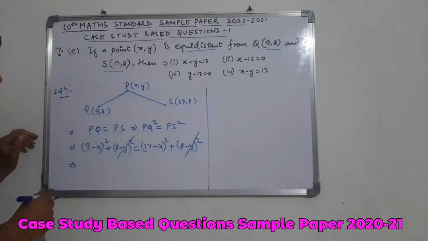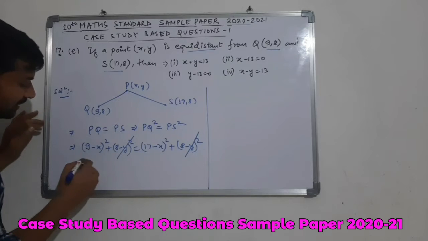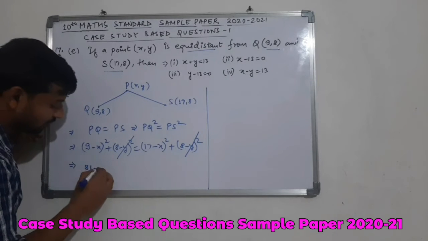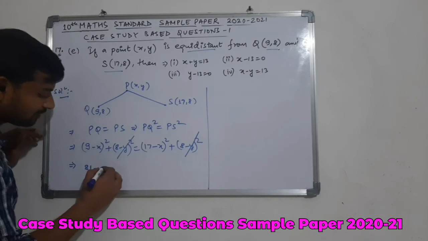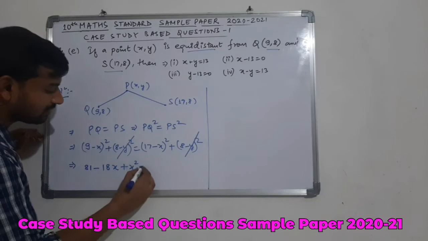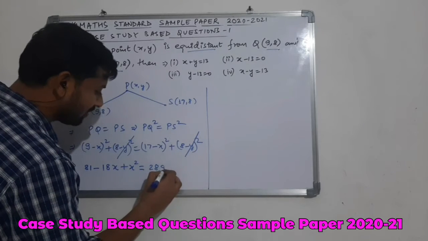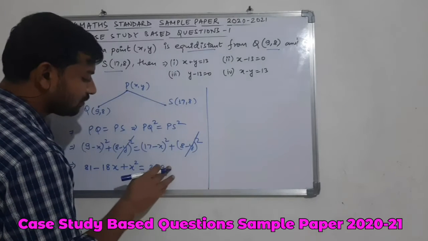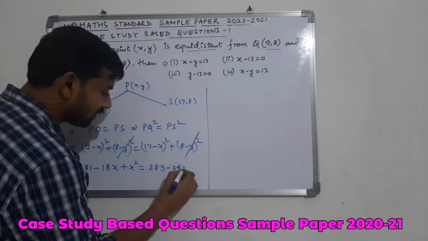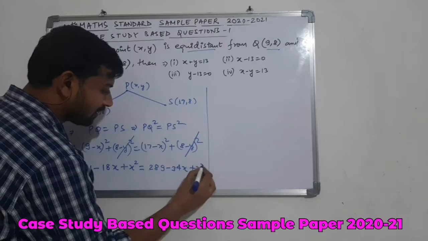If we apply (a minus b) whole square on both sides, what we will get: 9 square is 81, a square minus 2ab, so 2 into 9 into x, this we will get 18x, plus b square, that is x square, is equal to 17 square, that is 289, minus 2ab, so minus 2 into 17 into x, this is 34x with a minus sign, then x square.